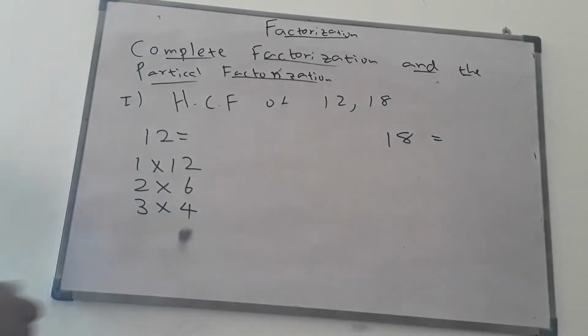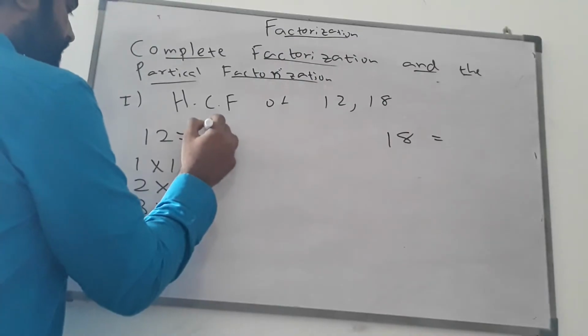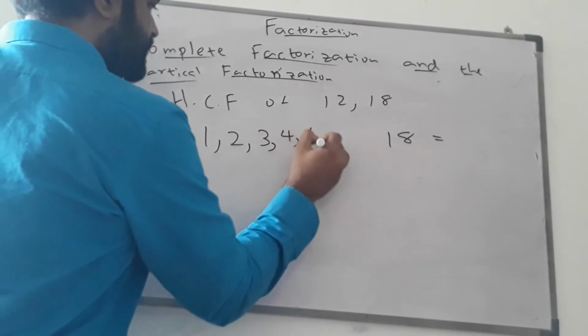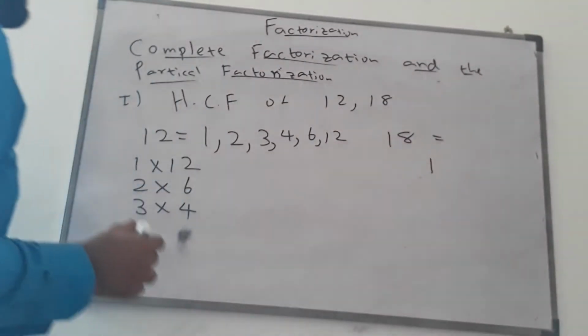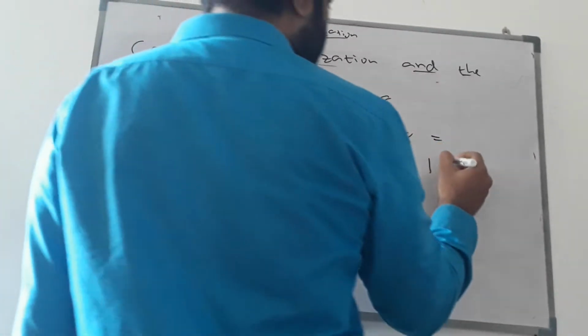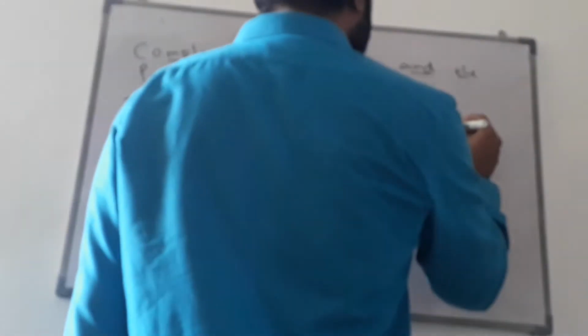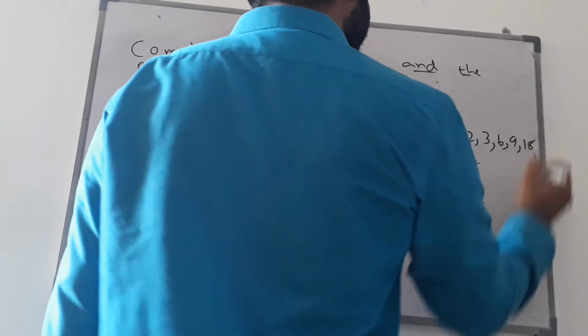So the factors of 12 are 1, 2, 3, 4, 6 and 12. Same as 18 can be written as the product of 1 times 18, 2 times 9, 3 times 6, and that's it. So the factors of 18 are 1, 2, 3, 6, 9, 18.